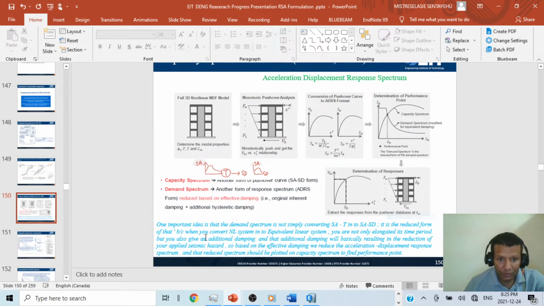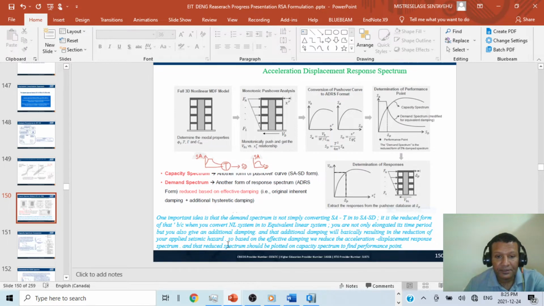One more important idea is that the demand spectrum is not simply converting spectral acceleration versus time into spectral acceleration and spectral displacement. It is a reduced form of that, because when you convert a nonlinear system into an equivalent linear system, you are not only elongating its time period, but you also give an additional damping, and that additional damping basically results in a reduction of your applied seismic hazard.